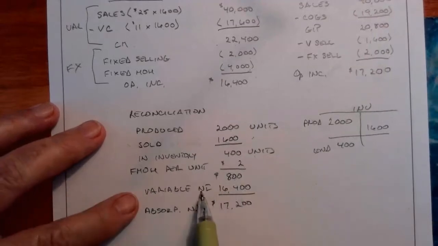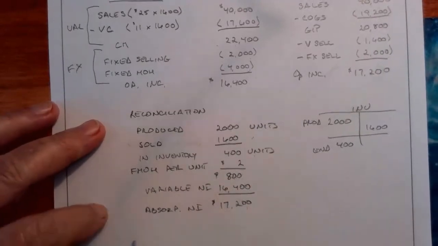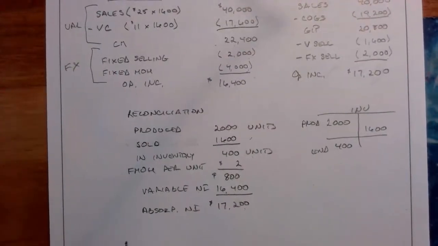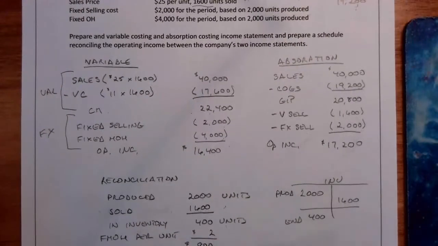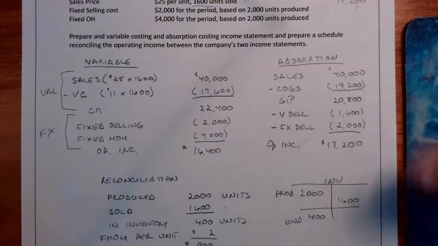So if I take my variable net income and add the 800, I get the 17.2 that is the absorption costing net income. Okay, so this is a good problem. It's a good way, if you're a little shaky on anything with absorption accounting or fixed manufacturing overhead, to get yourself organized.